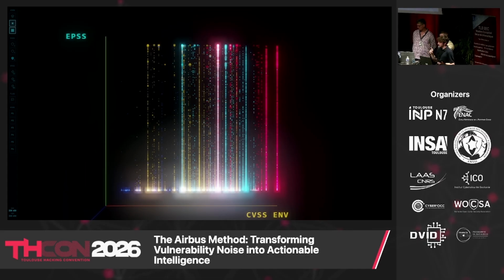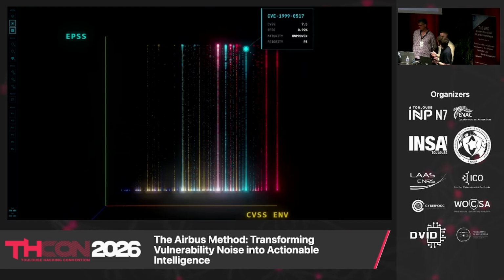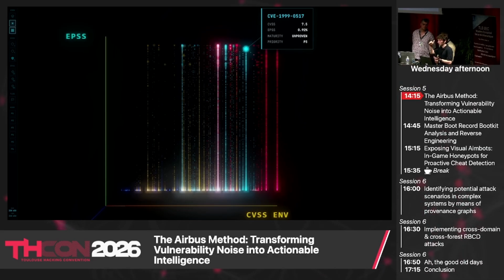But some of the CVEs, like this one, didn't move at all, because all of the surface vectors were already applied to the CVE, so this one is less critical than the previous ones that were critical.